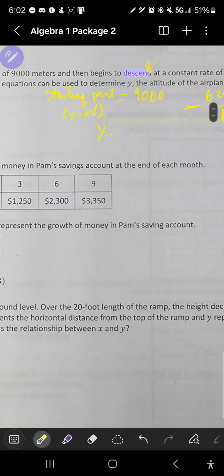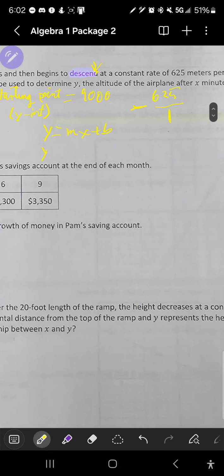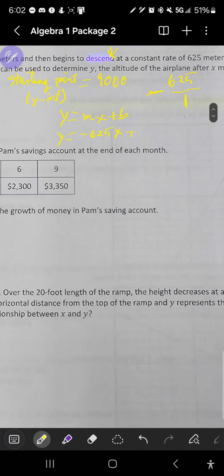Now we know that y equals mx plus b, where m is the slope and b is the y-intercept. We already have this. They literally gave it to us, which is negative 625x plus, the y-intercept is going to be 9,000 since it is our starting point. So 9,000.